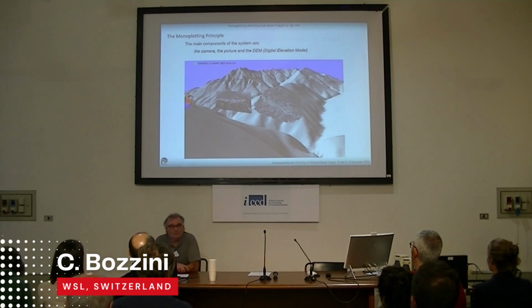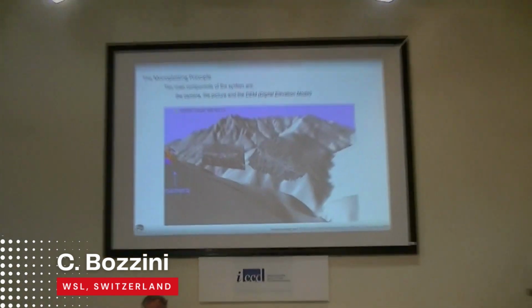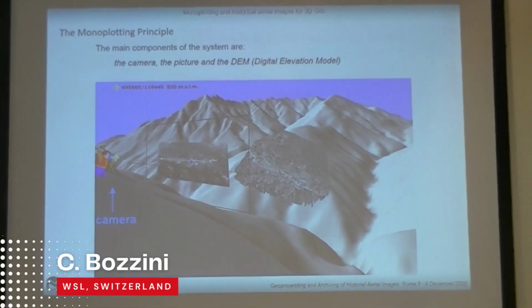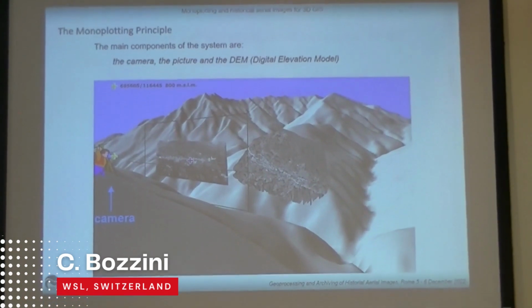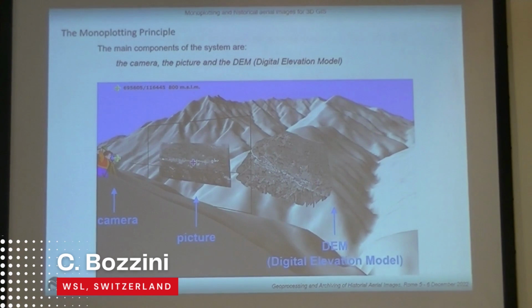We have three main components. We have the camera; in fact, this is a mathematical model that represents the original camera. We have the picture and the digital elevation model.